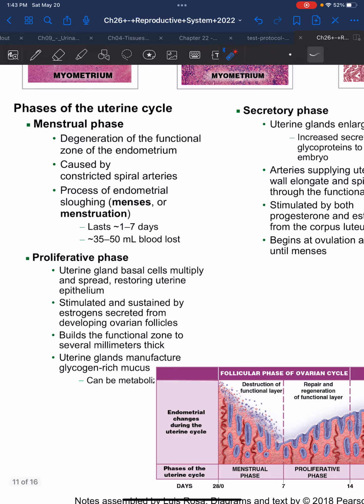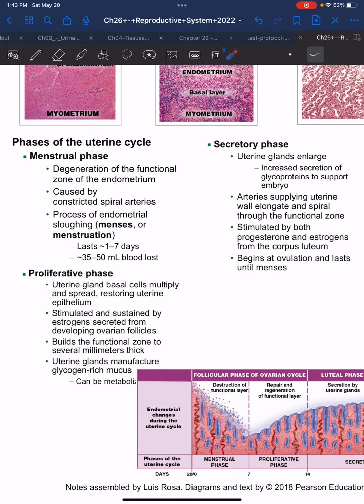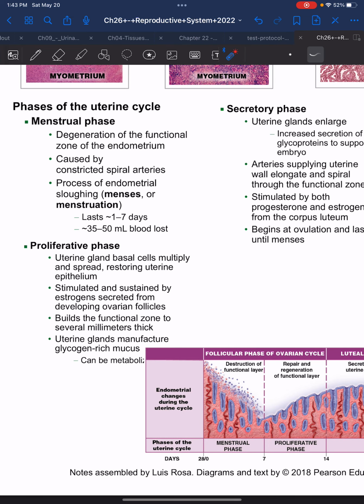My female students might be a little more familiar with what I'm talking about, but for my male students, during this phase, we all have a general idea that there's bleeding occurring. This is what's referred to as menses or menstruation. This is when the inner lining is being lost, and this is why feminine products like tampons and pads have to be utilized, in order to limit the mess and catch the release of that layer.